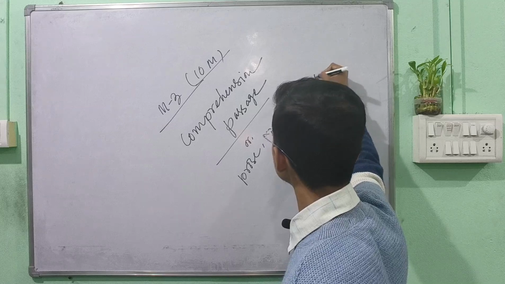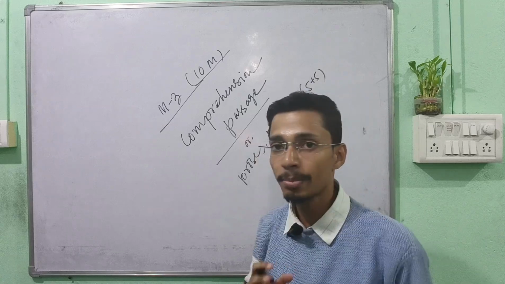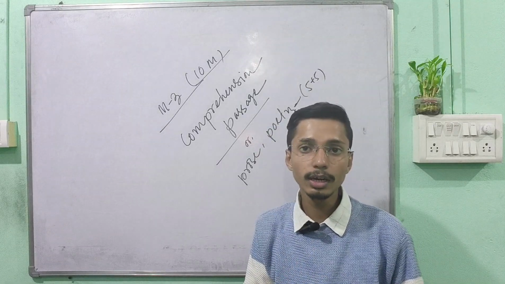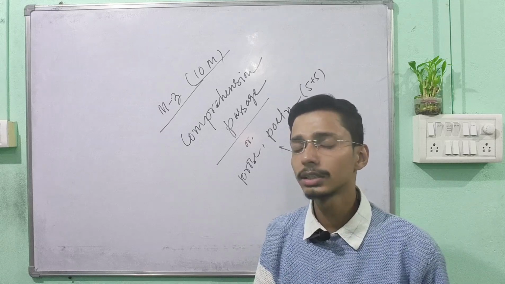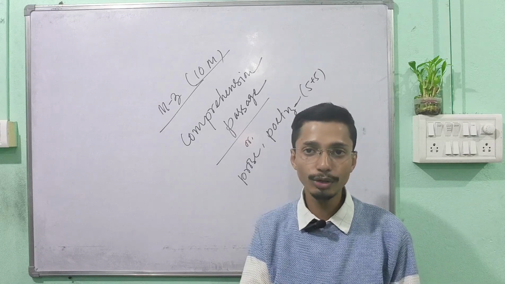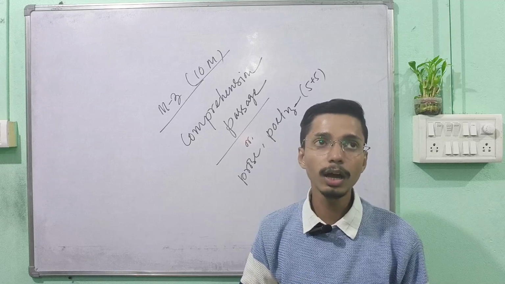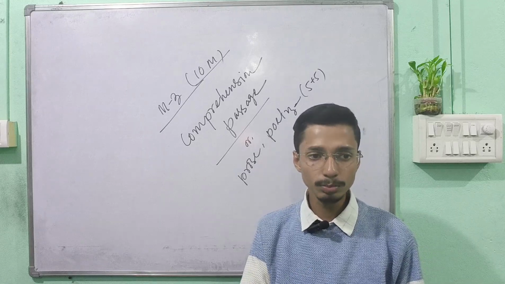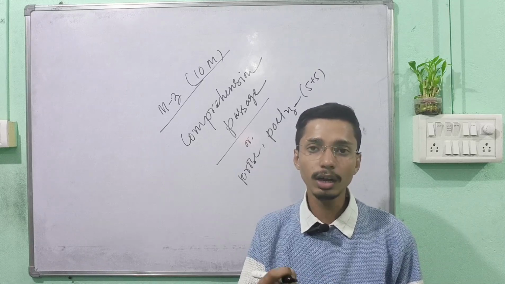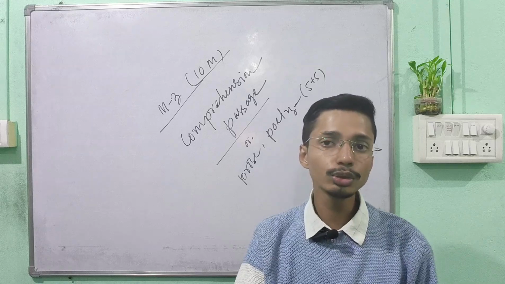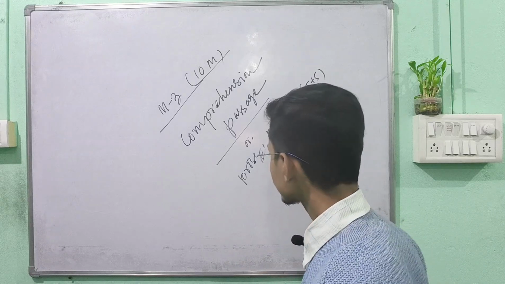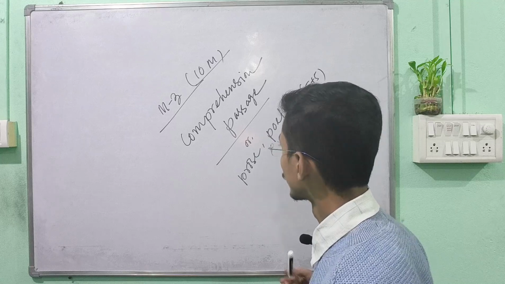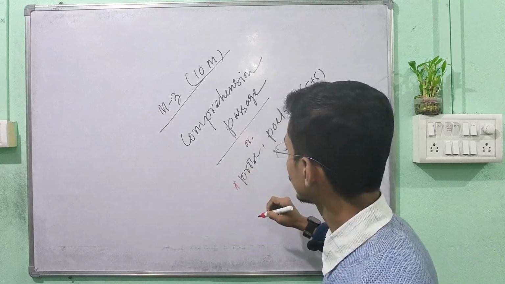There will be 2 questions of 5 and 5 marks. One question may be from prose and another from poetry, or both questions may be asked from poetry, because in previous years most of the questions were asked from poetry and there was no question from prose. So this is our module 3 question for 10 marks, 5 plus 5.